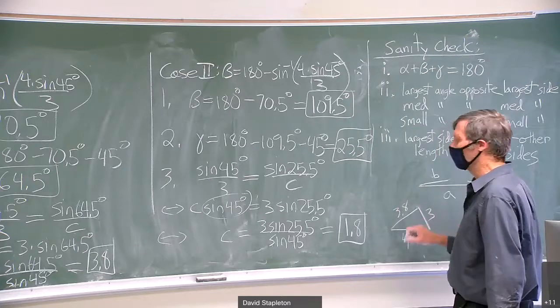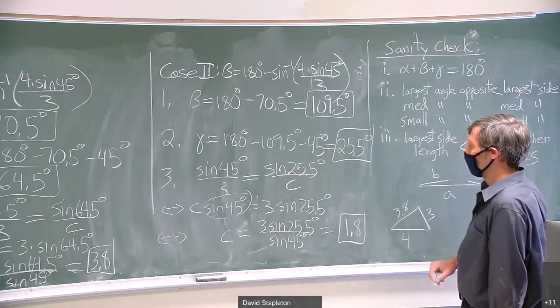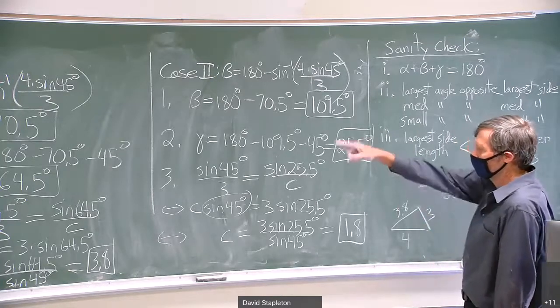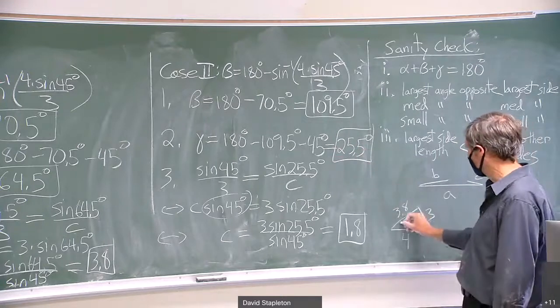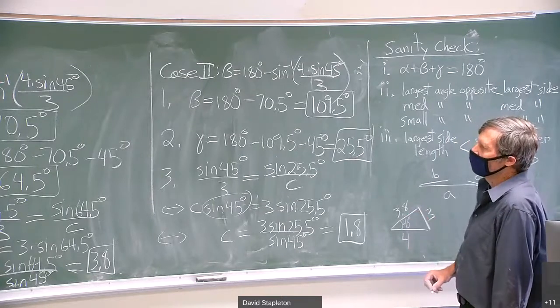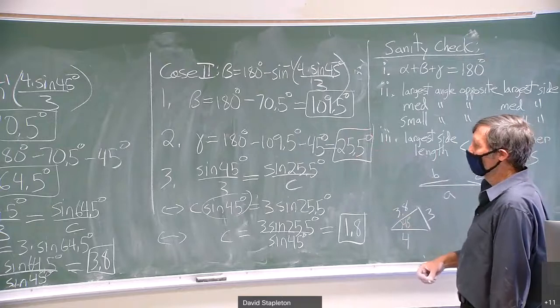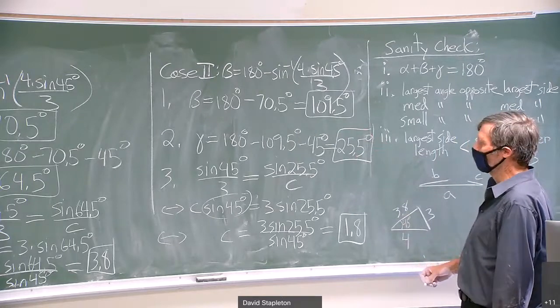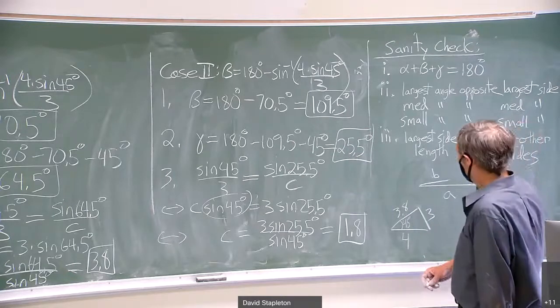Maybe it looks about like that. 3 was A, so alpha goes opposite it. I'm looking at the first triangle here. Actually, it was given. Alpha was 45 degrees. That looks about right. Beta in the first triangle was 70.5. That goes opposite B, that was 4.